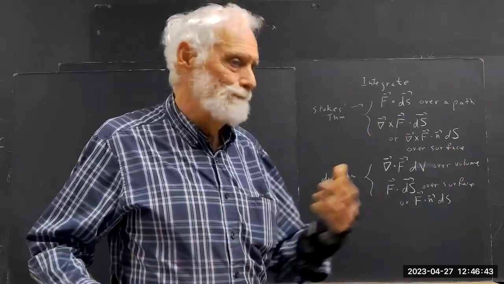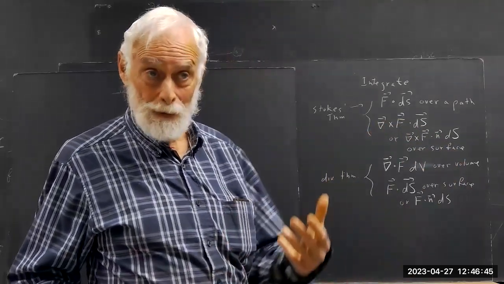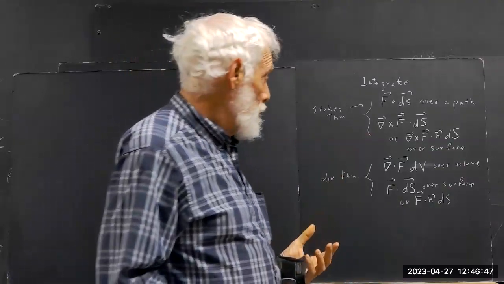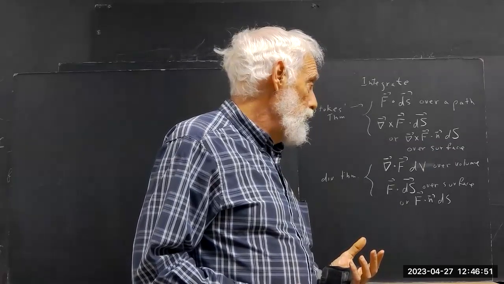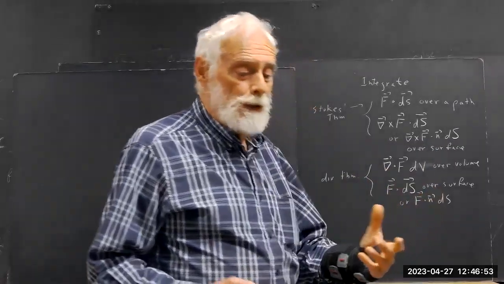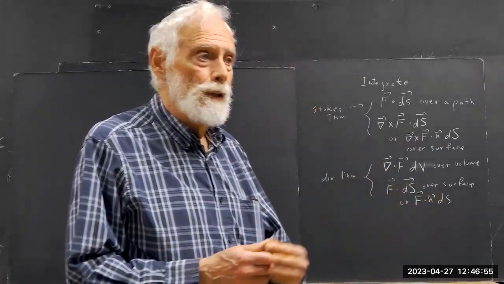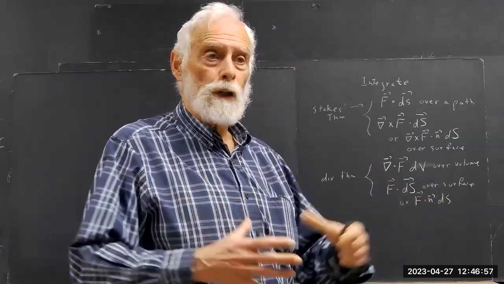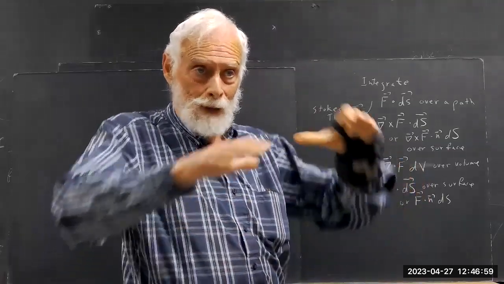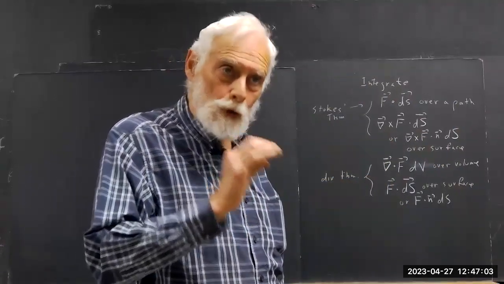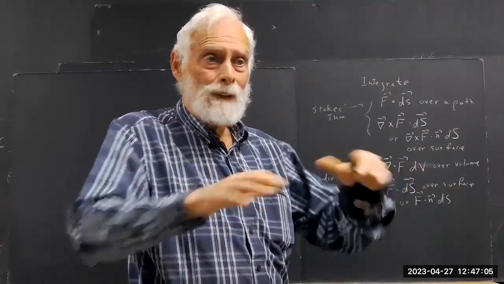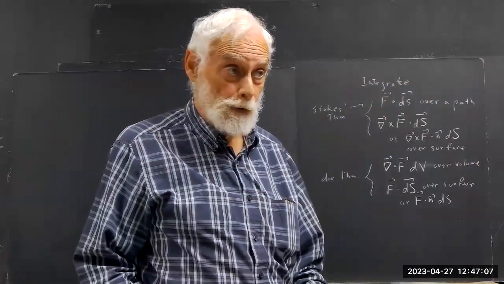That dovetails with what I just said. Then your integral represents the total inflow or outflow, the total flux through the whole surface. The flux through every little increment adds up to the total flux through the surface.